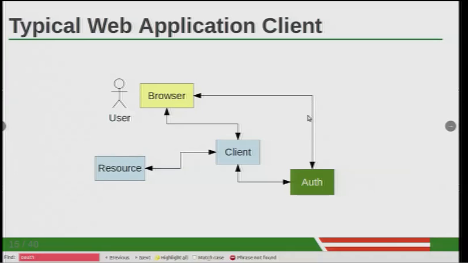I authenticated with him, and he sent me another redirect back to myself, back to the original client. And in that redirect, although we didn't see the whole conversation, was an authorization code, a one-time, one-use token that I can, as a client application, exchange.